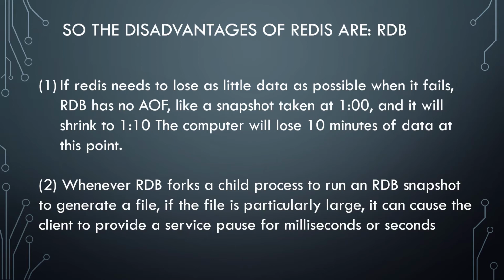Whenever RDB forks a child process to generate a snapshot file, if the file is particularly large, it can cause the client service to pause for milliseconds or seconds.